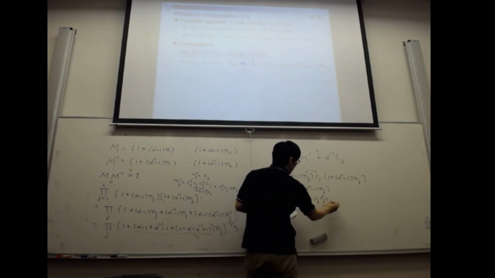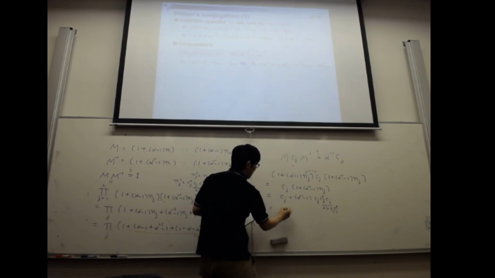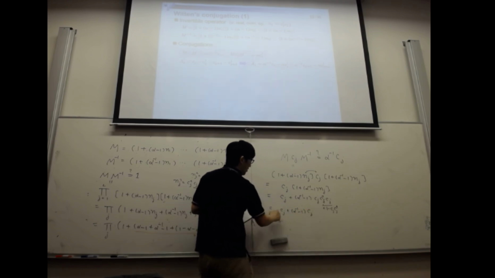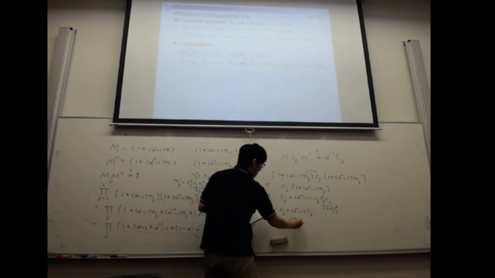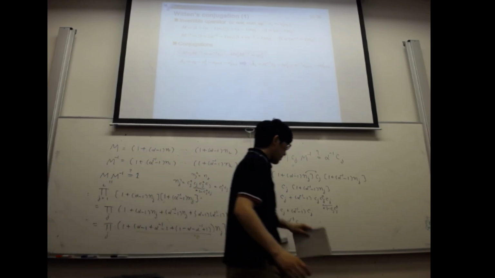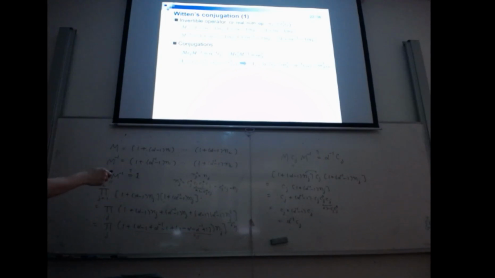And then you can use the anti-commutation relation again, and get Cj plus alpha inverse minus 1 Cj. But this 1 and minus 1 here cancel out, and you get alpha inverse Cj. You can do something similar for C dagger and get this relation.